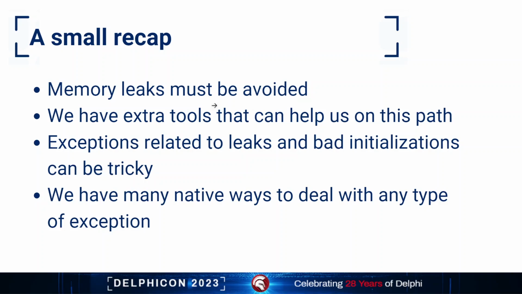All of that can be avoided if you look out for memory leaks and avoid them, right? We have extra tools that can help us on this path. As I told you and showed you the link, Eureka Log, we have MadExcept, we have Leaker, many tools, even free tools that you can use to understand where your memory leaks are occurring and how to solve them, right?